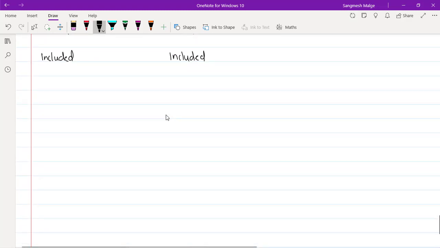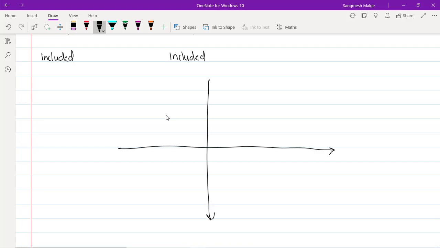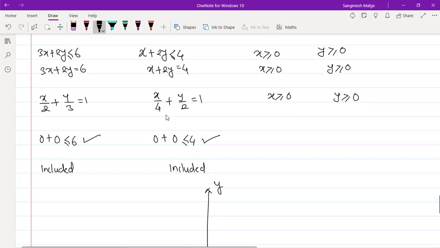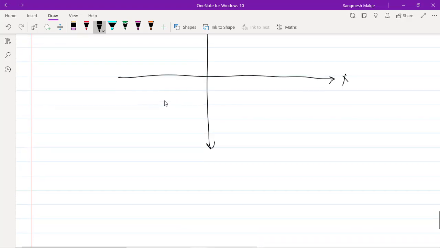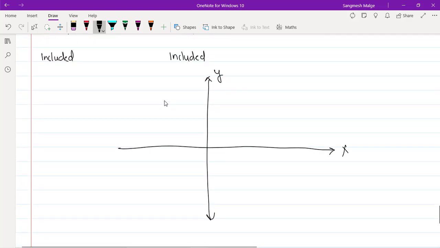Okay, now let's have the x-axis and y-axis. This is what we have, x-axis, y-axis. Let's plot the lines. So we have 2 and 3, and we have 4 and 2.